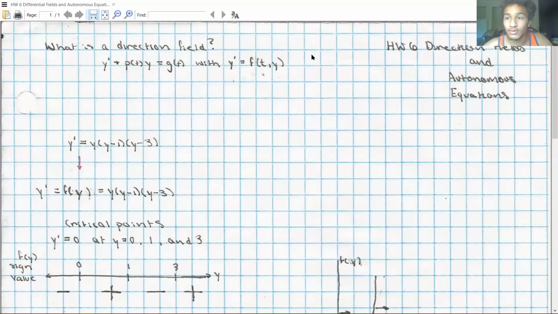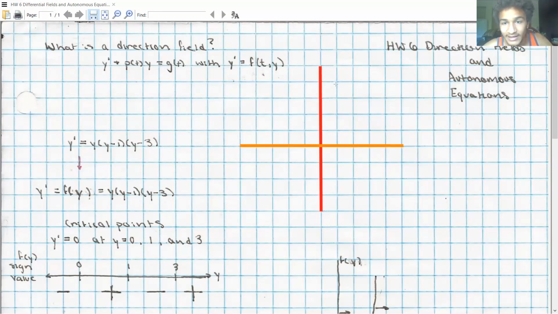We would graph this with our y-axis in red and our t-axis in orange. At any given point on this graph, we would have a specific slope, a tangent line that we could put there to denote the slope of the line.